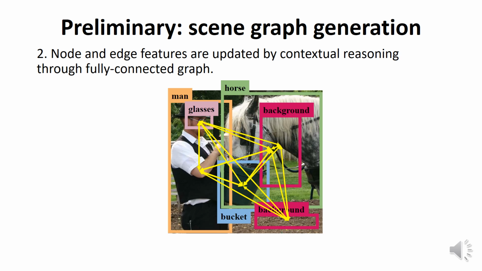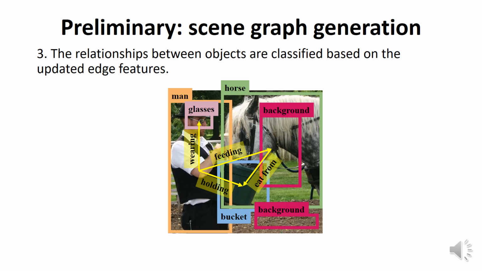Based on the extracted object bounding boxes and labels, node and edge features are updated by contextual reasoning. Since there is no prior knowledge, contextual reasoning such as GNN and bi-LSTM is performed through the fully connected graph. After contextual reasoning, the updated edge features are passed into a classifier and the relationships between objects are classified.